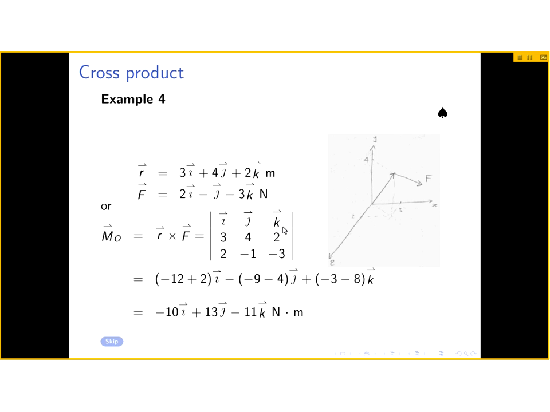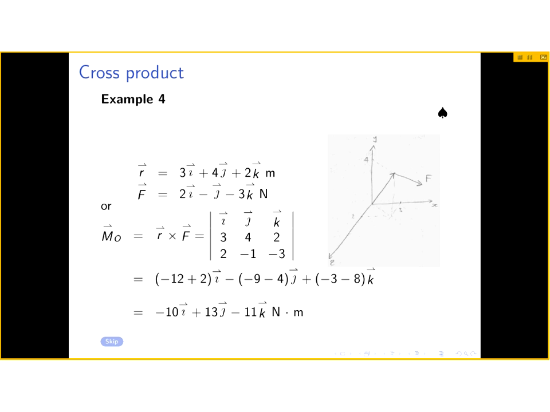That is not acceptable, because what you're writing down then is the determinant of a 2 by 3 matrix. And the determinant of a 2 by 3 matrix is not defined mathematically. So you're writing down nonsense. It cannot be interpreted, and therefore it is not accepted.